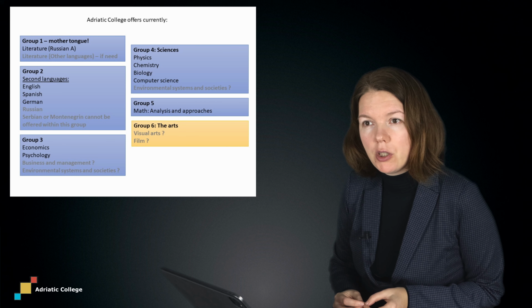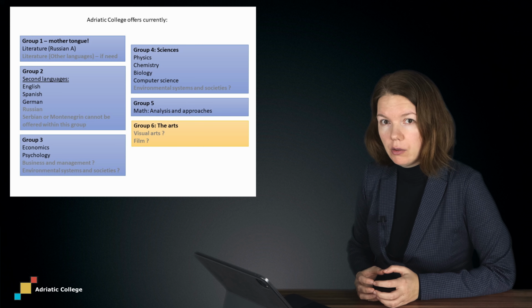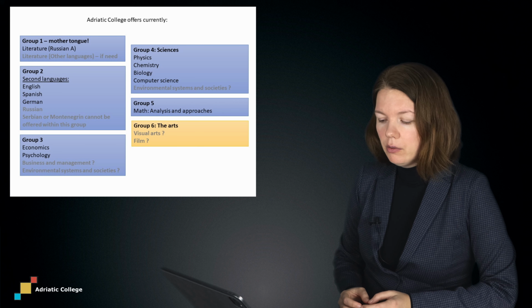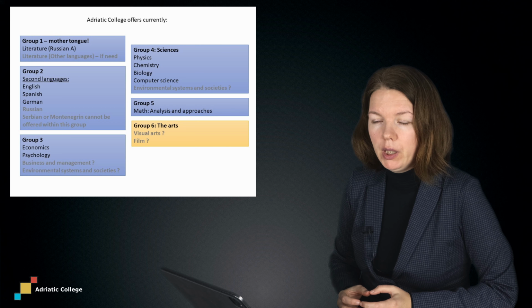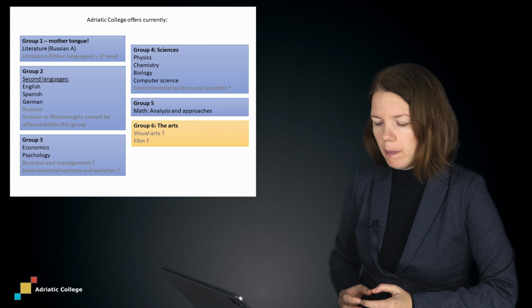In the group 2, we offer now English, Spanish and German. Probably we will be able to support Russian as a foreign language. Unfortunately, Serbian or Montenegrin is not in the list of available languages that can be studied within the group 2. In the group 3, currently we offer psychology and economics.